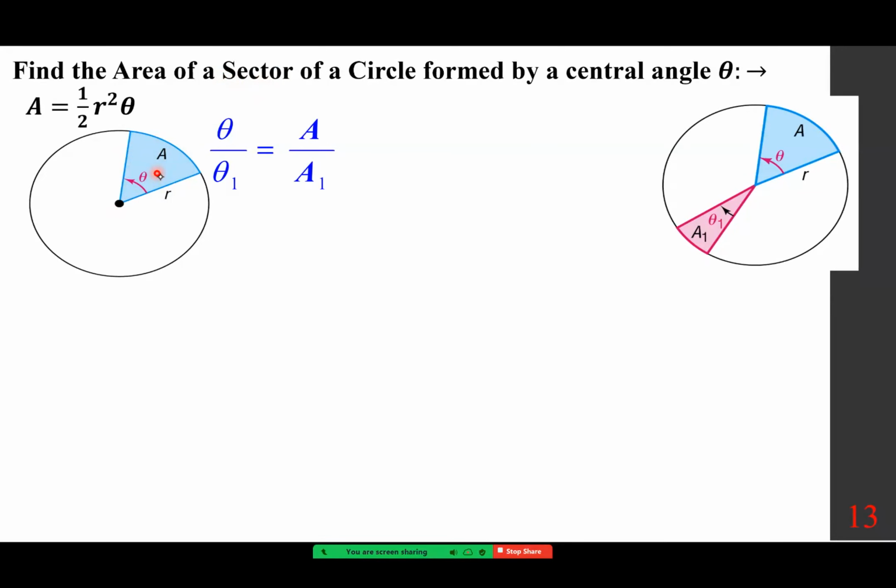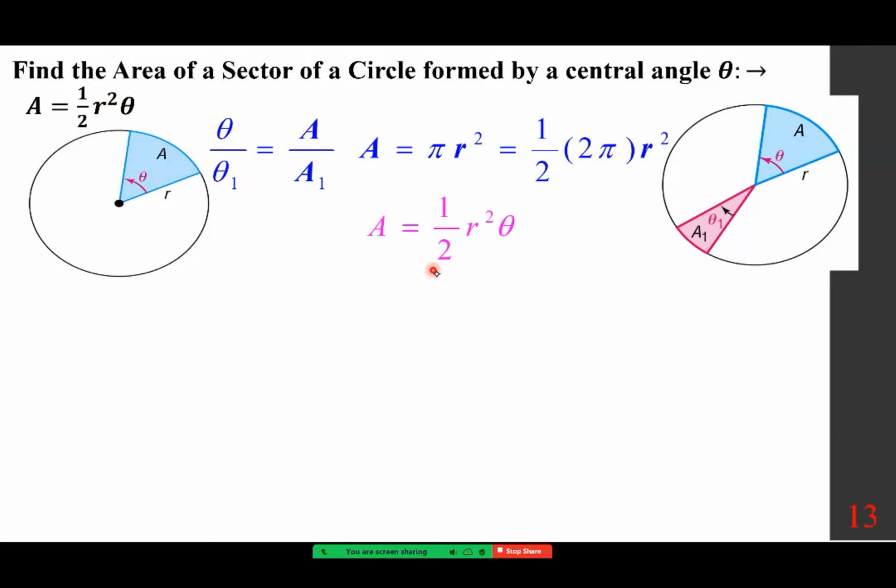The ratio of theta to theta 1 is A over A sub 1. We know the area of a circle is pi r squared. Remember, pi doesn't represent the theta, actually represents half of it. So pi is half of 2 pi, and replace the 2 pi with theta. And that's the justification as to how we arrive at the area of a sector.